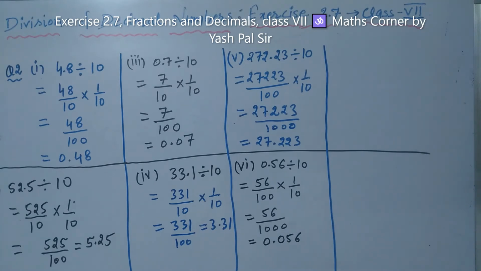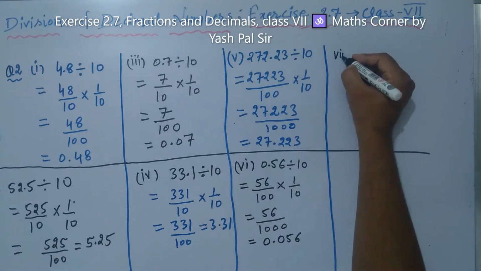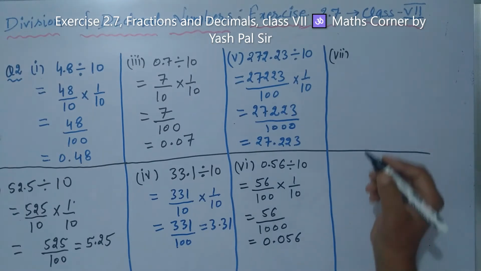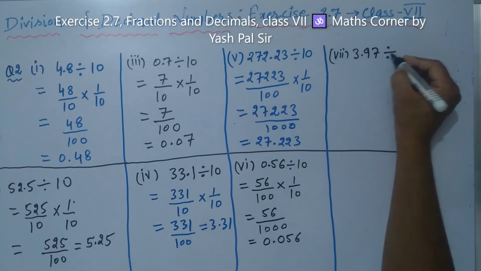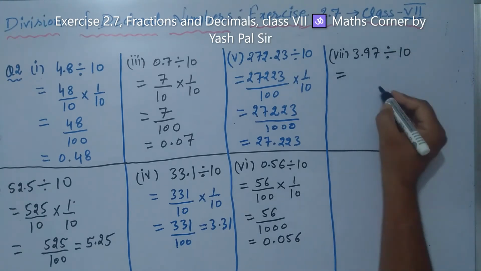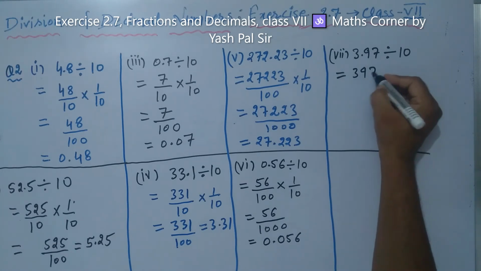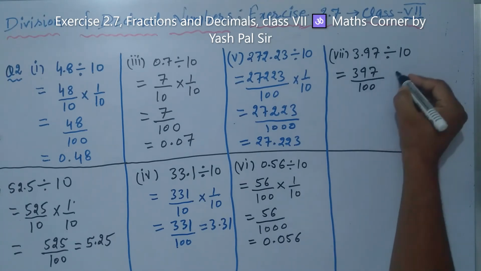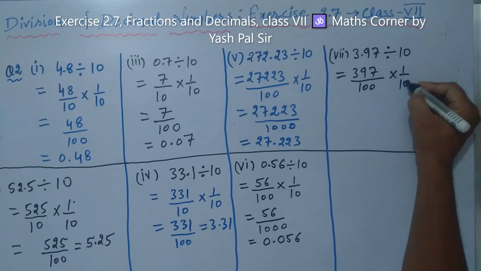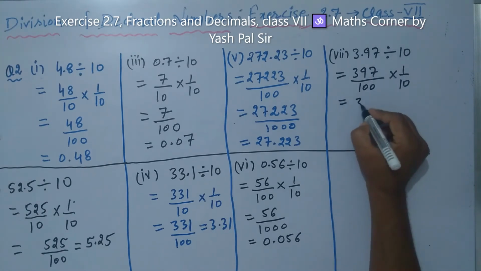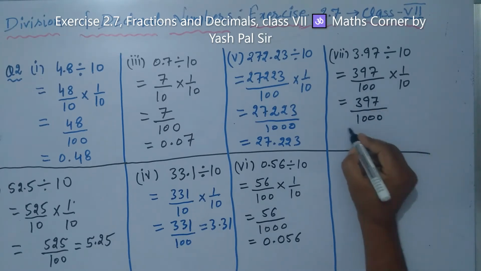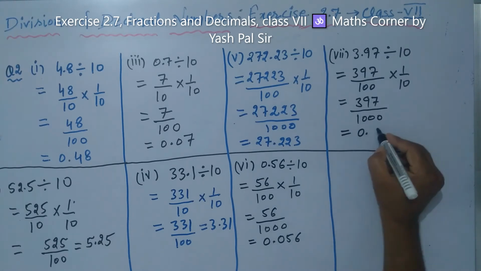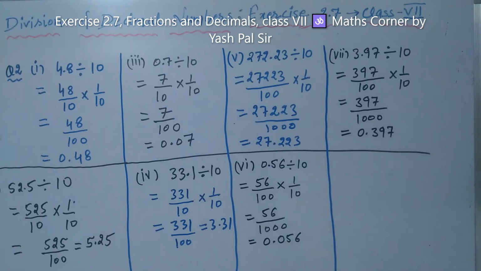Now coming to the 7th part of the question. This is the last part. 3.97 divide 10. This is equal to 397 divide 100 into 1 upon 10. That means 397 divide 1000, which is equal to 0.397. So this is our question number 2.